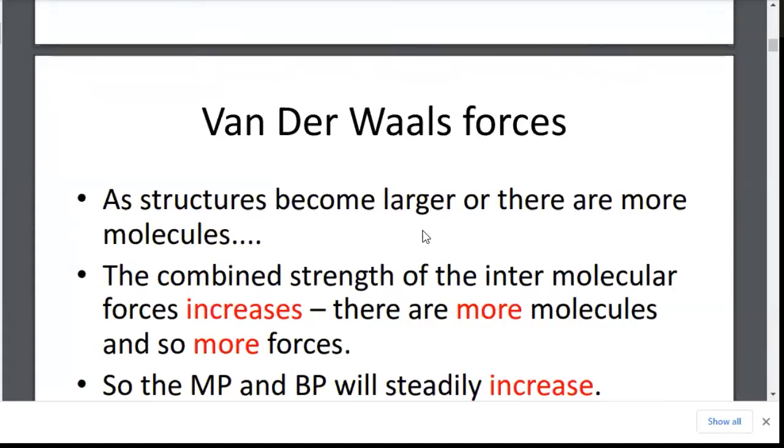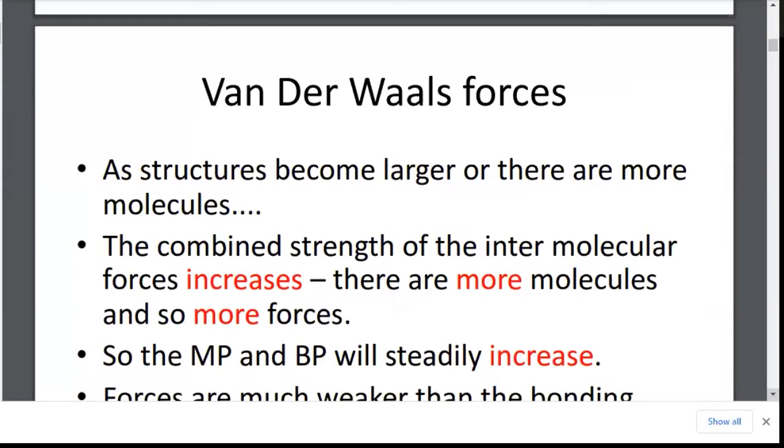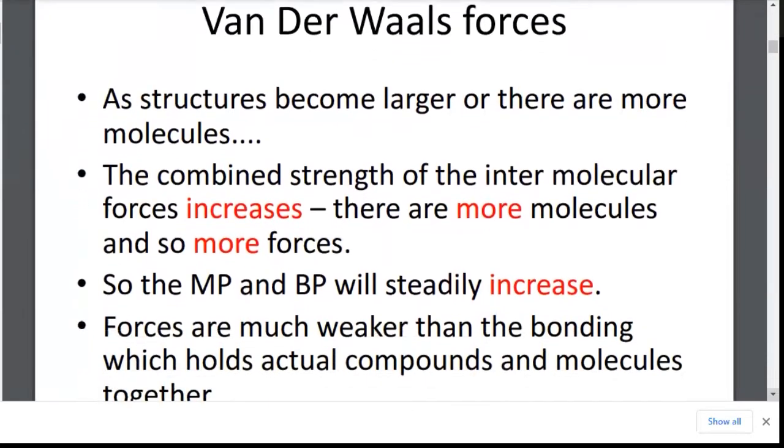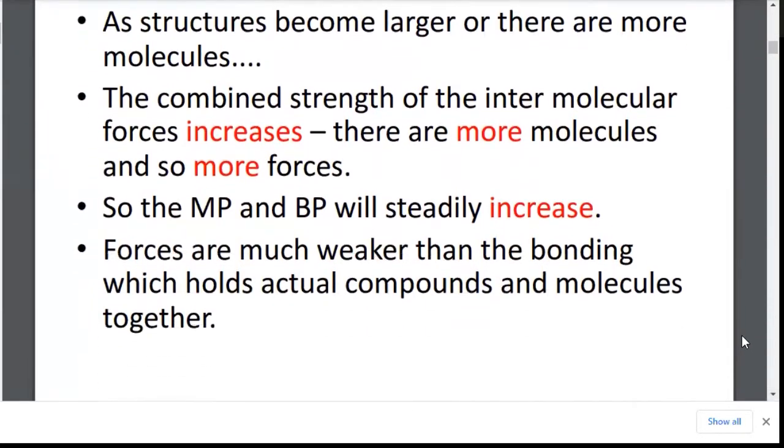When this happens, the melting point and the boiling point will steadily increase.